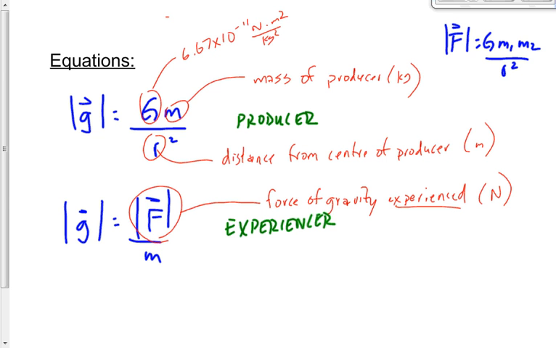And m would be what? The mass of, let's use the Earth and the pen again as our example here. This would be the mass of what? The pen. Yeah, the mass of the producer. Or sorry, experiencer, right? The mass of the experiencer.